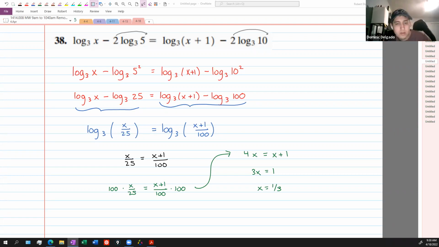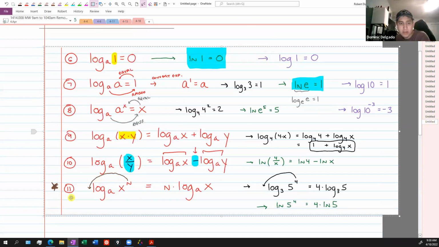I just have a question on you moving it to the power. I was looking at my, what's it called? Properties? Yeah, properties, but I didn't see it. Okay, that's property 11. It's property 11, but I'm actually using it not from left to right, but from right to left. So if you have a number in front of a log, you can bring that number up as a power.